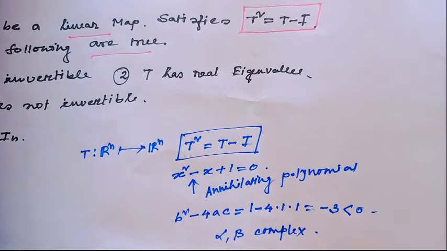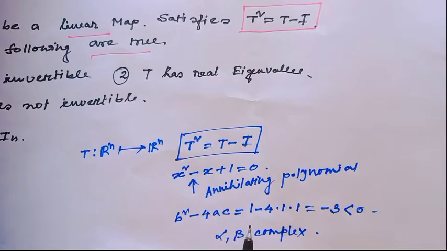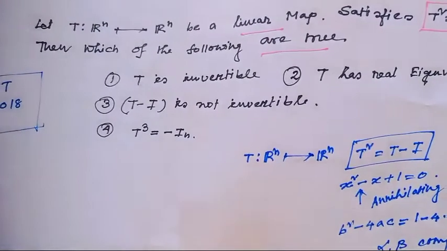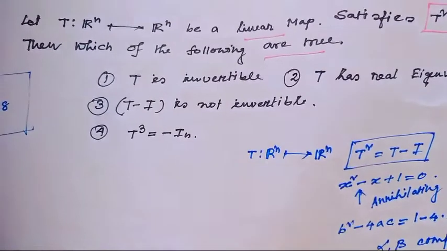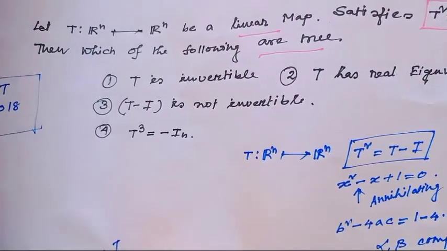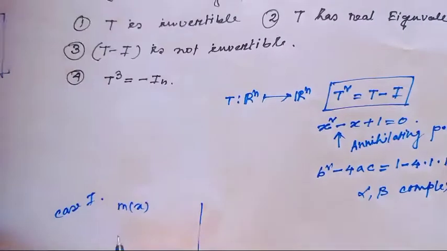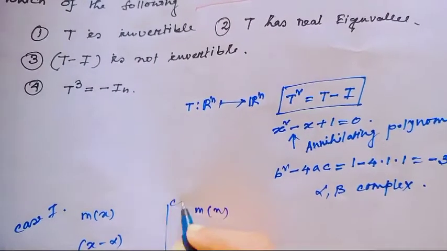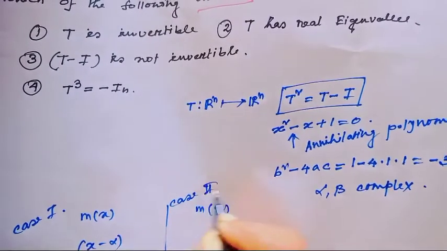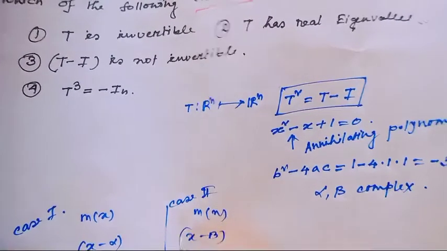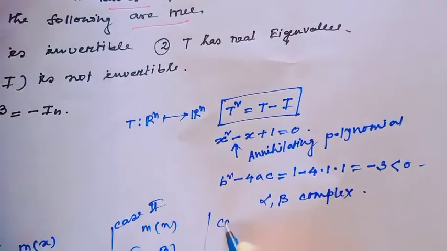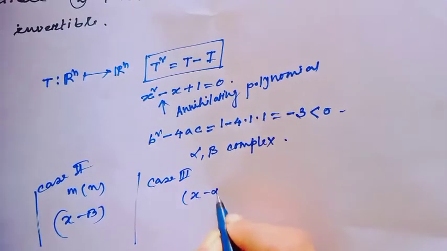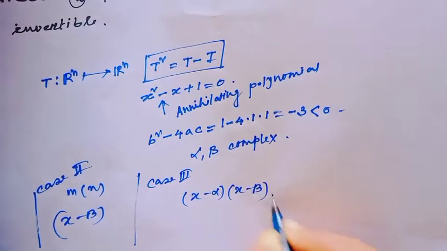And since the minimal polynomial always divides the annihilating polynomial, the possibilities of the minimal polynomial would be case 1, x minus alpha, case 2, x minus beta, case 3, x minus alpha times x minus beta.